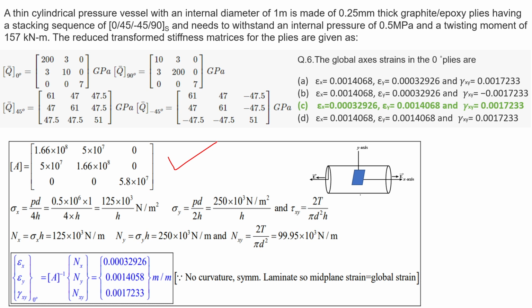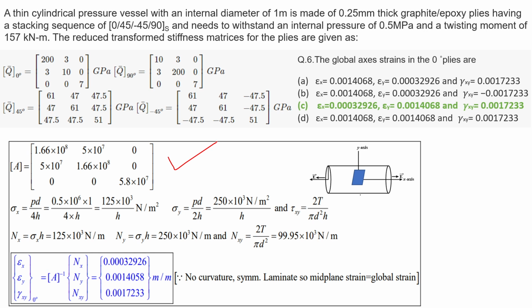So from that equation only you will get the A matrix. Okay. So last two classes also we have discussed how to get the A matrix. The same thing. That's why I didn't write the equation here, because I thought you will be knowing by now how to get the A matrix.